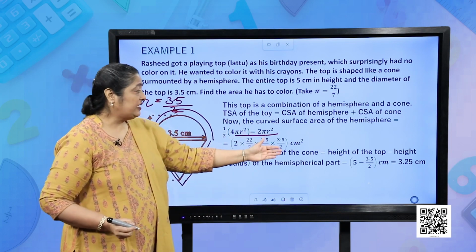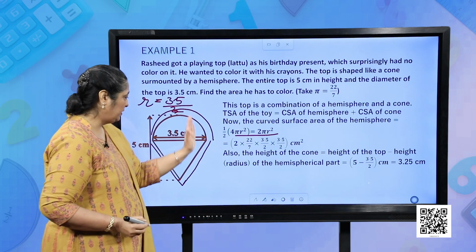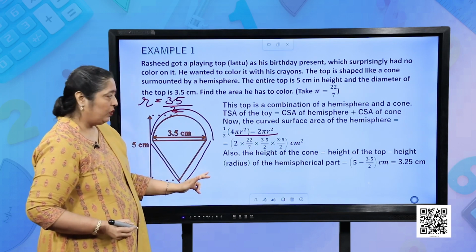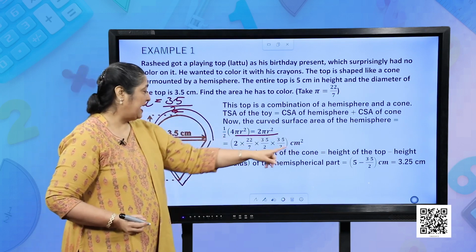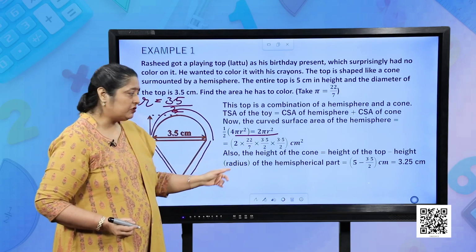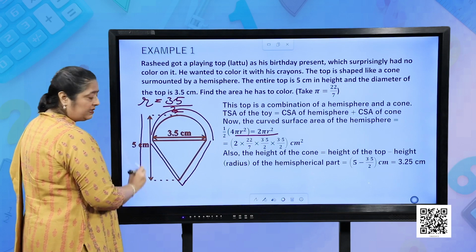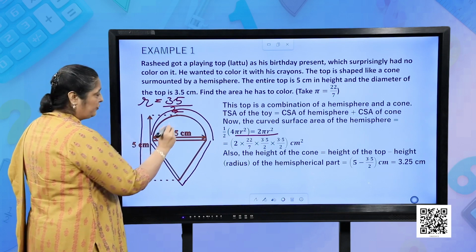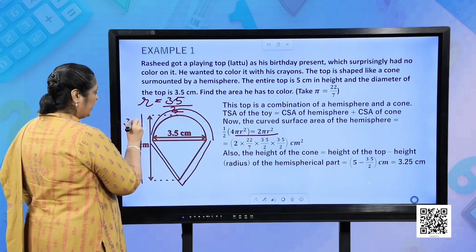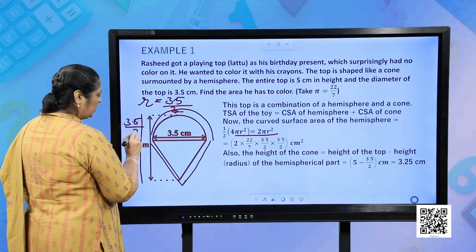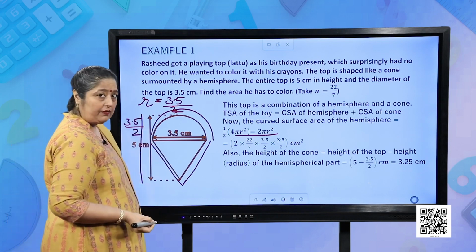Also, the height of the cone, this height will be height of the top minus height, that is radius of the hemisphere. This is the total height, that is 5 centimeter, and radius is 3.5 upon 2.